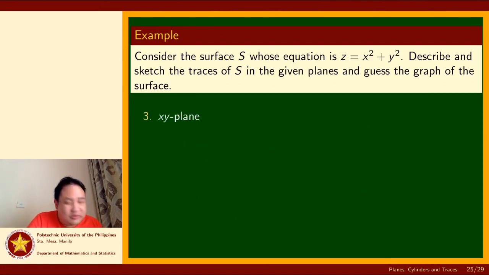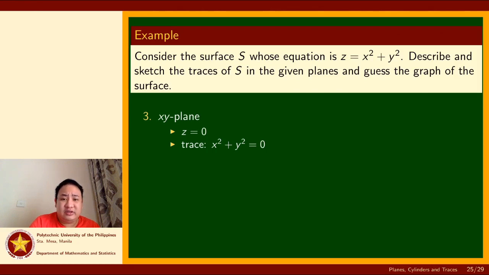Let's consider another plane. How about the xy plane? What is the trace? Now in the xy plane, z is equal to 0. So if we substitute z equals 0 in this equation, what we get is the equation x squared plus y squared is equal to 0.